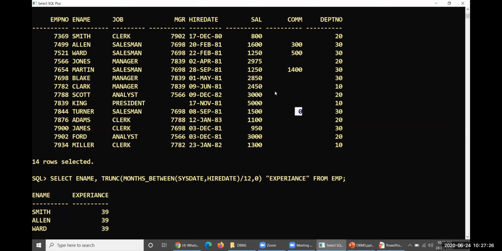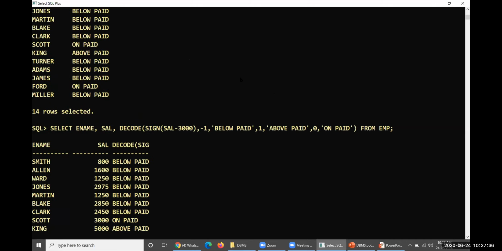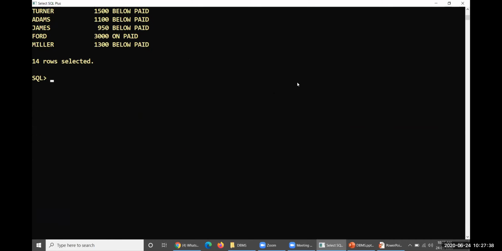Because of the commission values, you could also calculate the total salary or gross salary of each and every employee. So select employee name, and my general idea is salary plus commission from EMP.